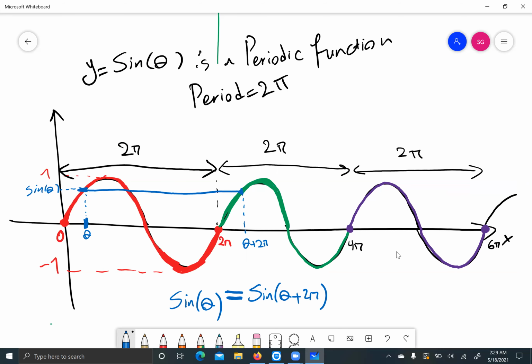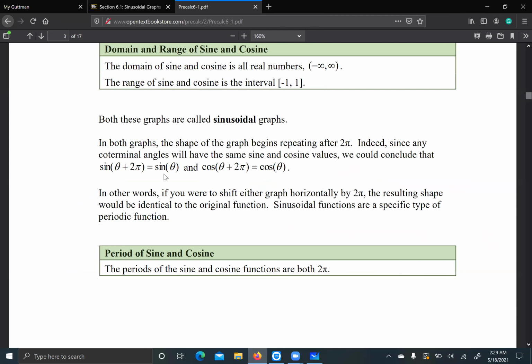That's the characteristic of a periodic function: wherever you are at theta, adding 2 pi to it, you still get the same height, the same sine, the same output, and the same thing happens for cosine.